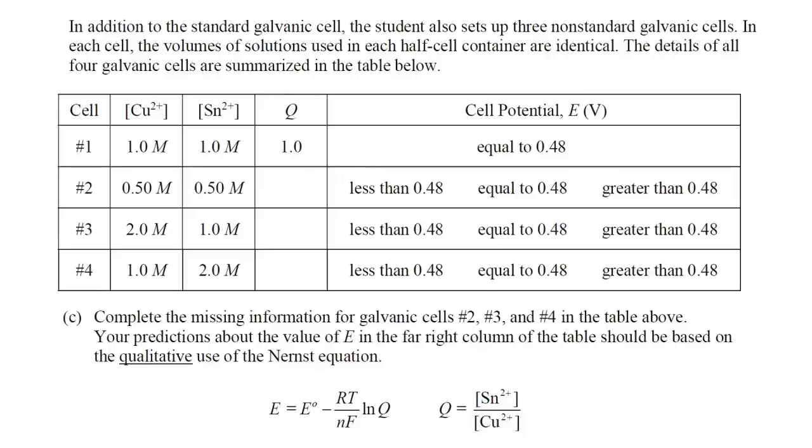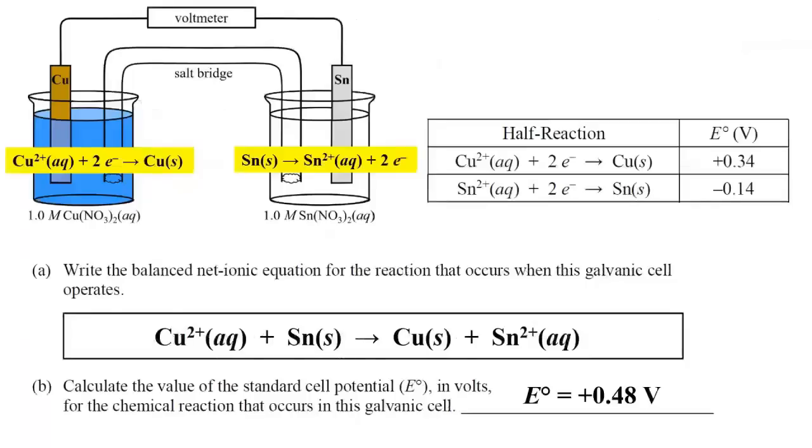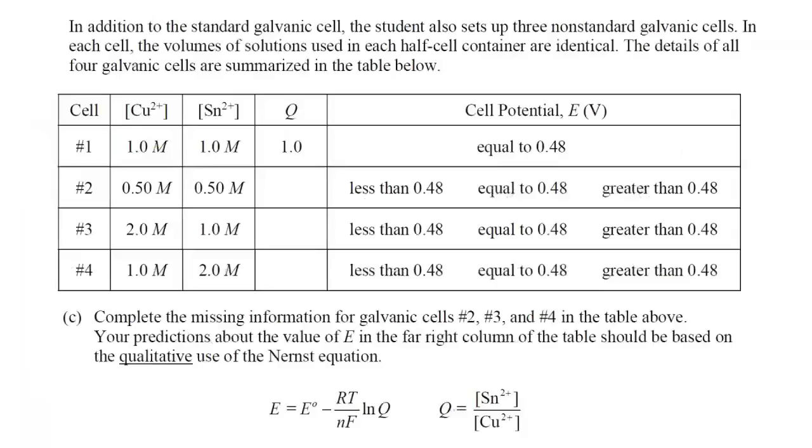So cell number 1 is the standard galvanic cell, where the concentrations of the copper and the tin ions are 1 molar each, so Q equals 1, and the cell potential is what we just calculated, which was 0.48 volts. For cells 2, 3, and 4, we have concentrations that have been altered to give us non-standard galvanic cells.